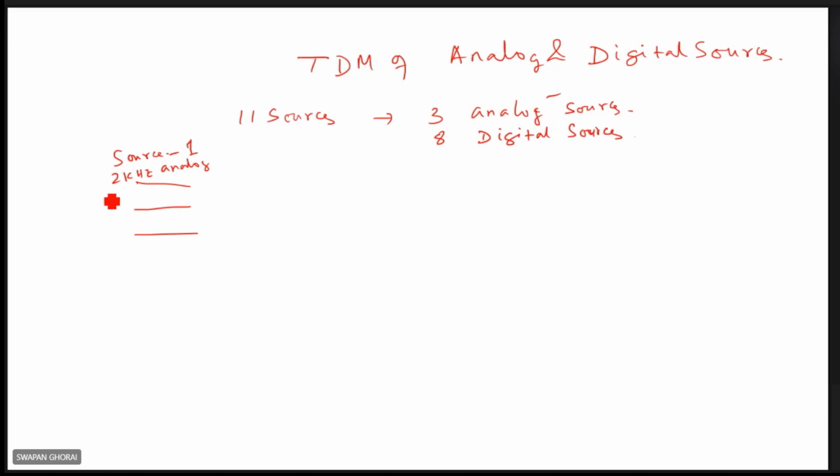Another one, source 2, is 4 kilohertz, that is analog.